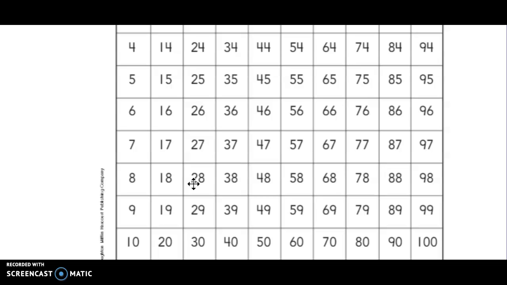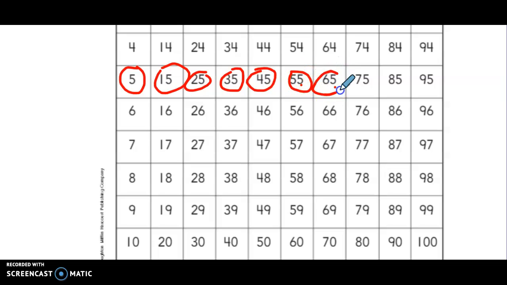Let's find the space that has 5 1s. Look in the 1s place. Yep, here it is. Here's the row. We have 5 in each one of these, and we're going to take our red and circle them. Every single one that has a 5. And we know it's going to go straight across, right? Because it follows that pattern. You can see the 5 right here in the 1s place. 5 in the 1s place. 5 1s.